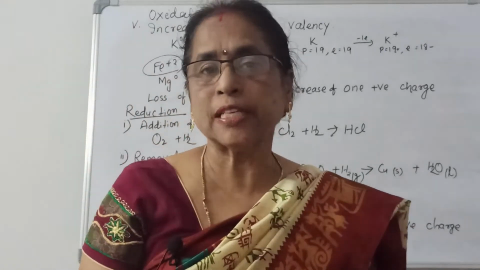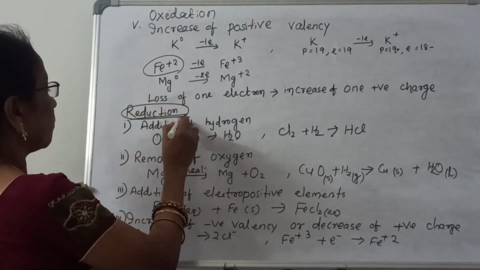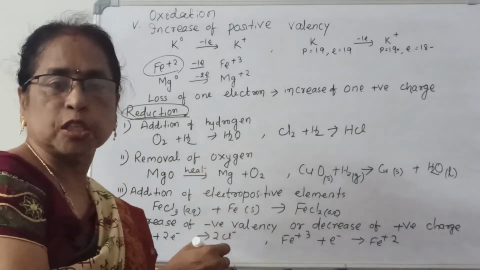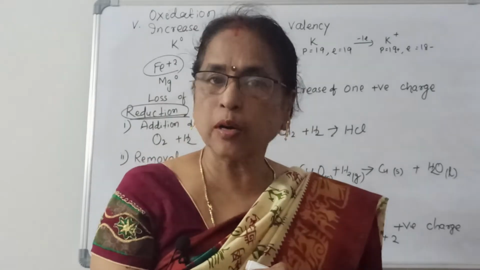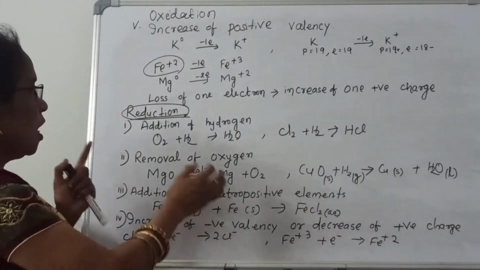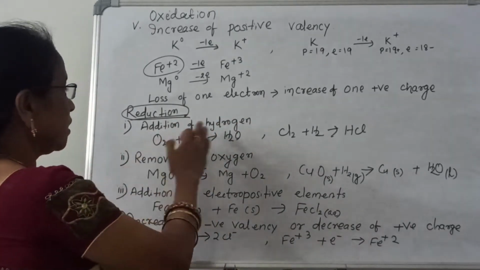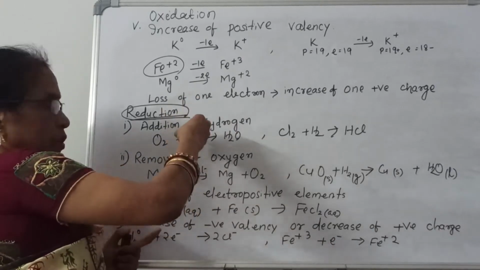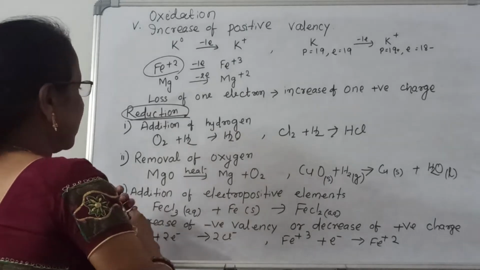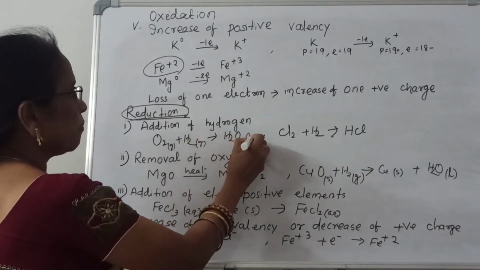Then come to what is meant by reduction. First point, just opposite to oxidation. In oxidation I told addition of oxygen and removal of hydrogen. But here just opposite: addition of hydrogen, removal of oxygen. Here hydrogen is added to oxygen and it forms water; you should write the gas, and also it is gas and it is liquid.